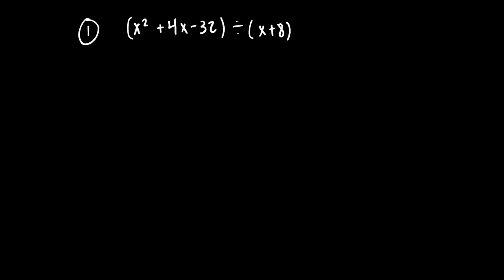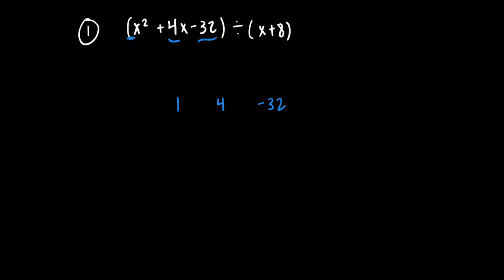And so the first thing we're going to do is write down the coefficients, the numbers that go in front of the variables. So there's a 1 in front of that x squared. There's a 4 in front of the x, and then we have negative 32. So we're going to say 1, 4, and negative 32.